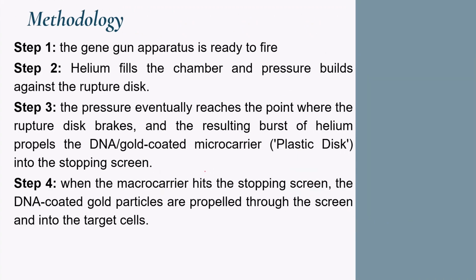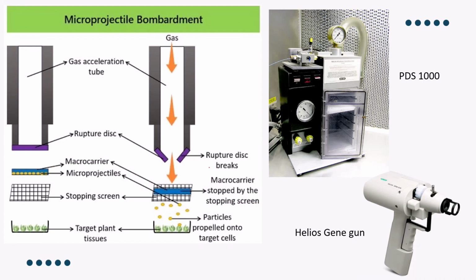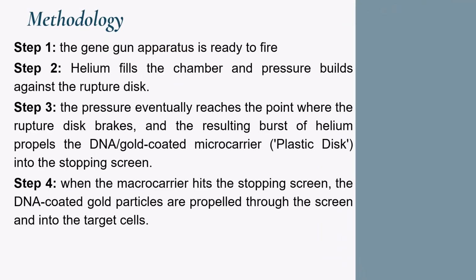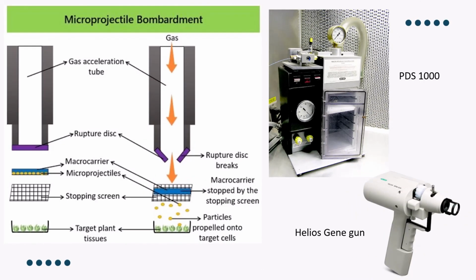So let's move into the methodology. From here you can take the notes. I will explain with the diagram. This is the setup, and as I said, this is the PDS 1000 and this is the handheld Helios gene gun. Since it is handheld, we can use it for in vivo gene transfers, and you can note that too.